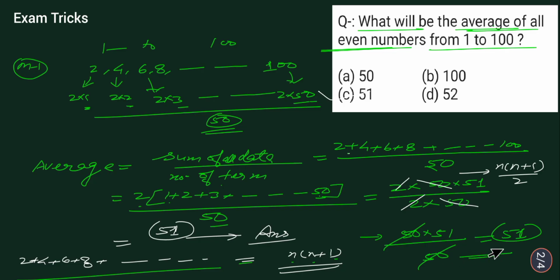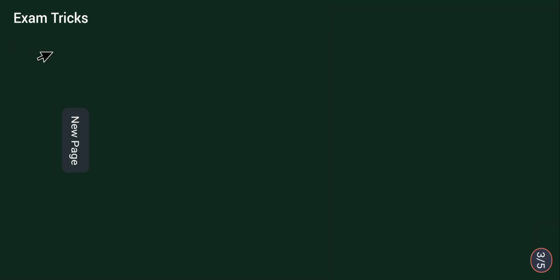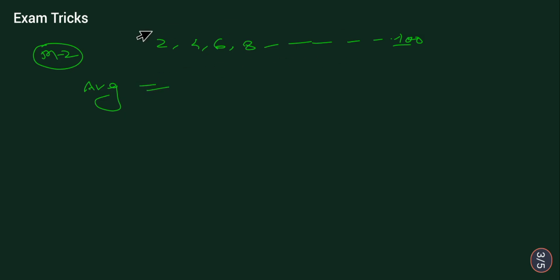You can take it as another method, right? Now let's move to another method. I'm giving you a simple method you can consider. If the numbers are 2, 4, 6, 8 and so on up to 100, to find the average you don't need to consider all the numbers, just take the first and last terms. The average is equal to the first term plus the last term, divided by 2.